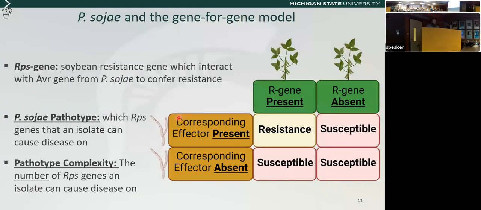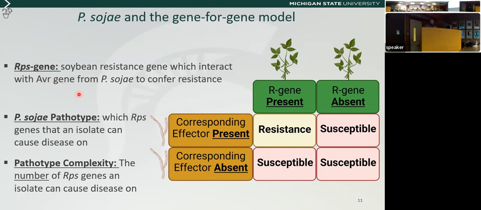So I've said Phytophthora sojae operates with soybean in a gene-for-gene fashion, and that is via the RPS genes present in the soybean germplasm. So an RPS gene is a soybean resistance gene that interacts with the corresponding effector from Phytophthora sojae.